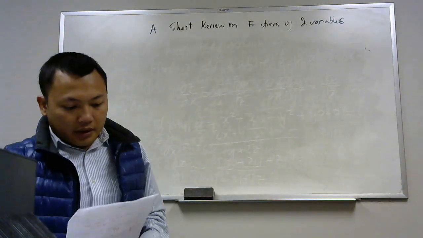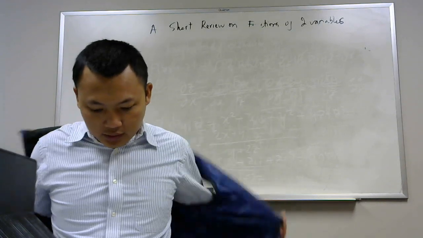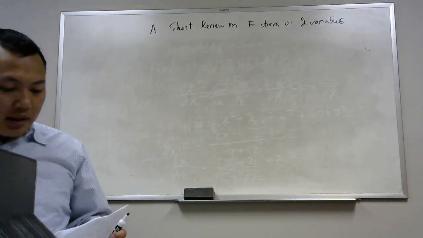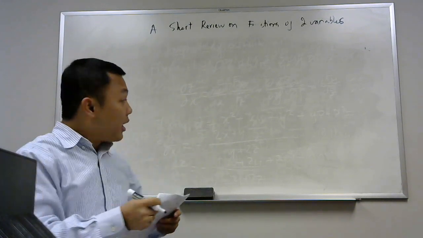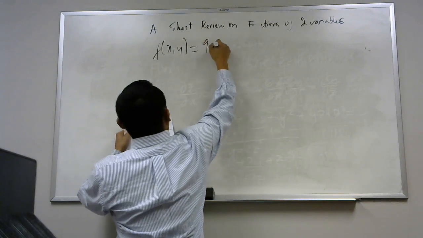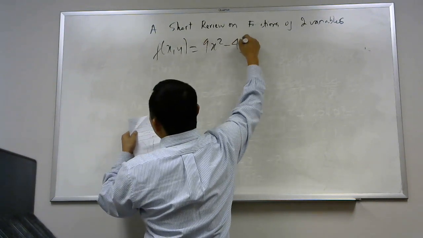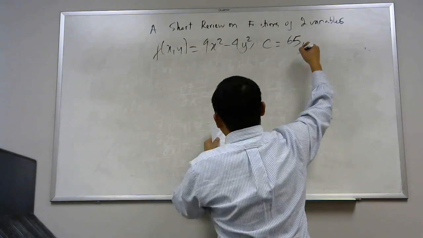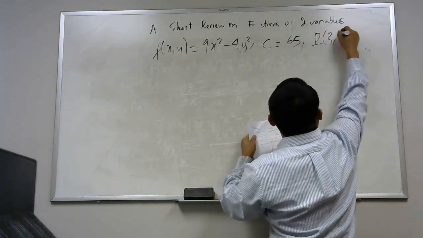Now, consider the following one. Find the gradient. Let's find the gradient of this function. Let's say f of x, y equals 9x squared minus 4y squared, and c is 65, and p is (3, 2).